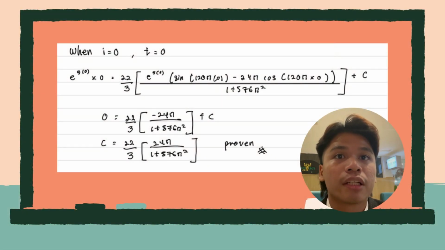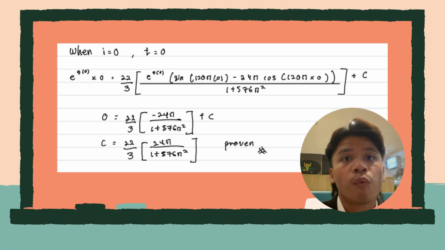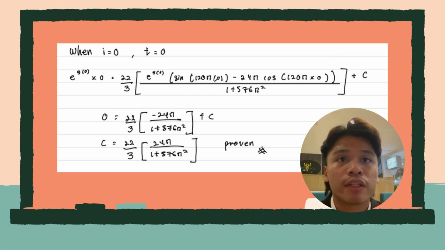After we get that equation, we can substitute the values I equals 0 and t equals 0.